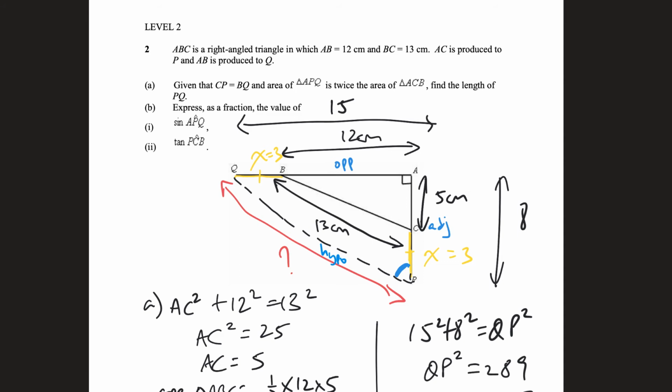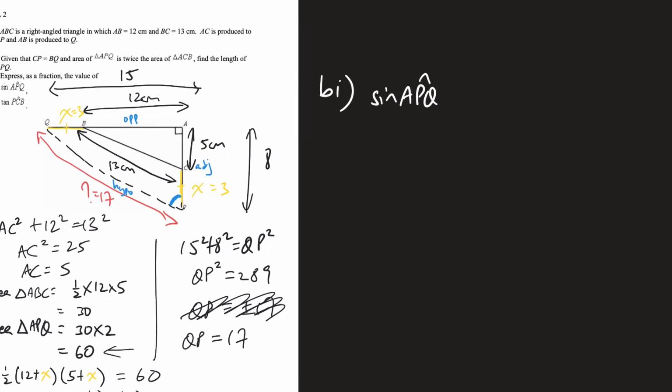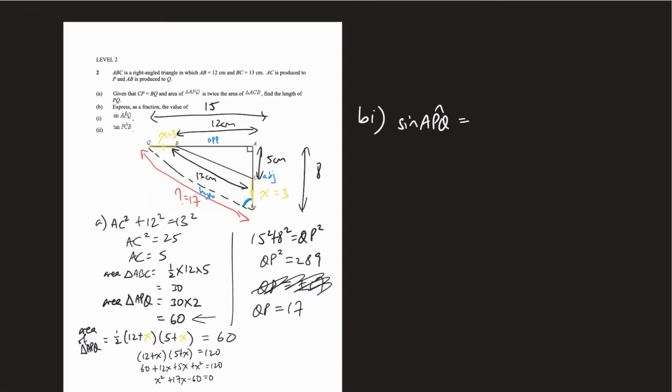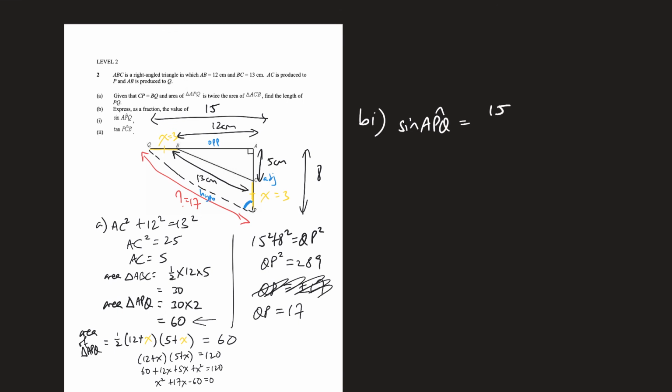And so sine of this angle is therefore opposite over hypotenuse, so it's going to be 15 over QP, which we found is actually 17. So for part B, sine of APQ is therefore my opposite, which is 15, over hypotenuse, which is 17. That's it.